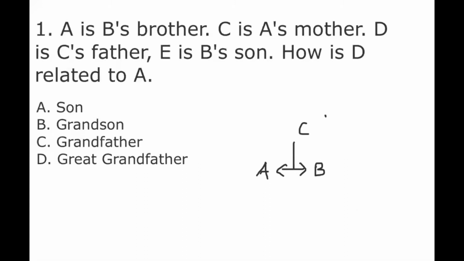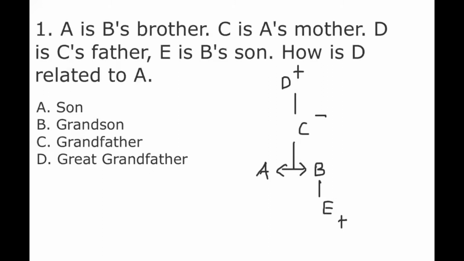Now, D is C's father. Going a step ahead, D will be C's father. Now I'll denote D using plus because he's a male. And E is B's son. Now E is one step below B, and because he is a son, he'll be bearing plus sign.